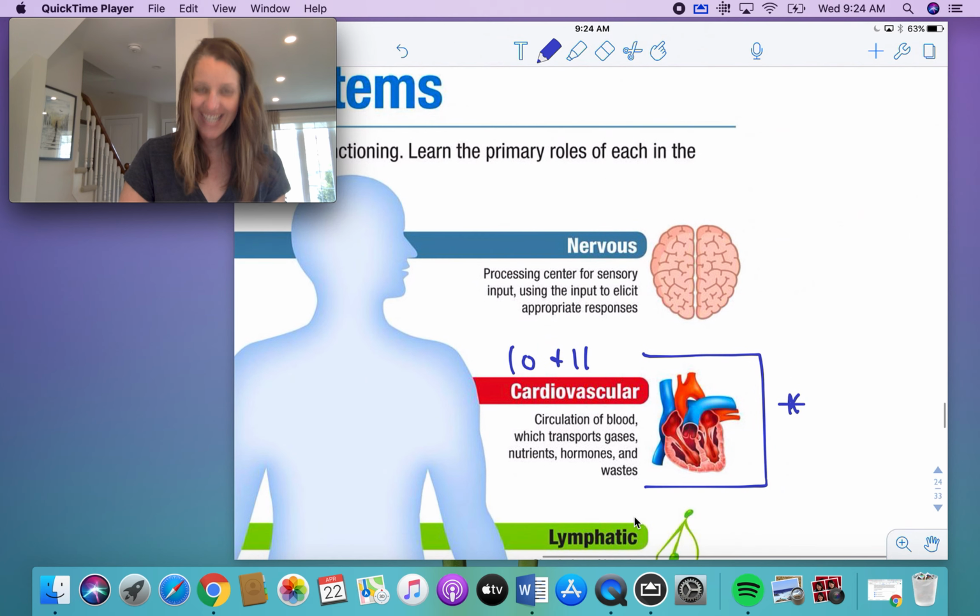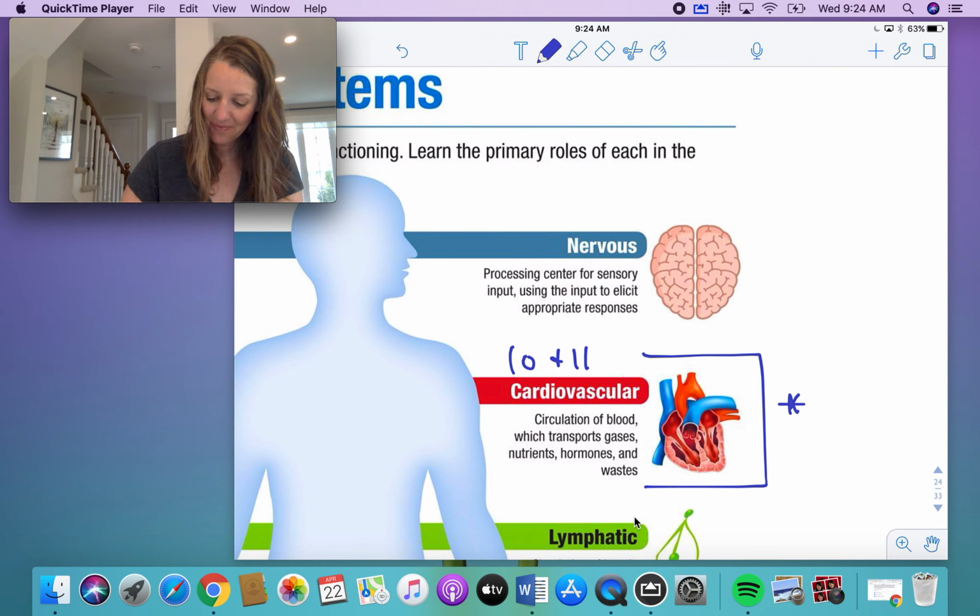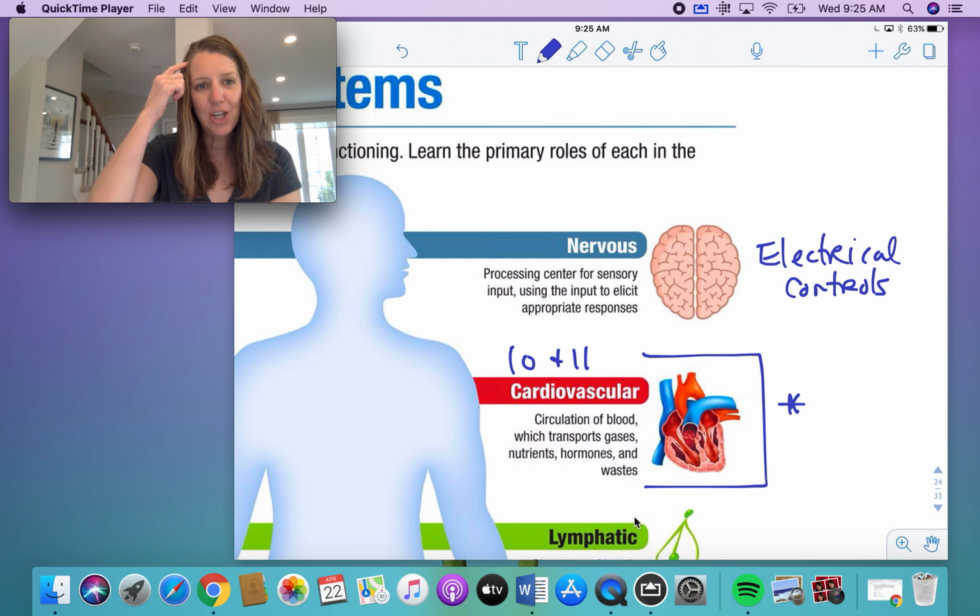Okay, moving on to the second side of the sheet. Our nervous system. This is also a control system. Do you have a word for this one? How about electrical controls? Okay, this is where the message gets sent in your brain to another body part and back. It's signals, right? Your brain has to make a decision.